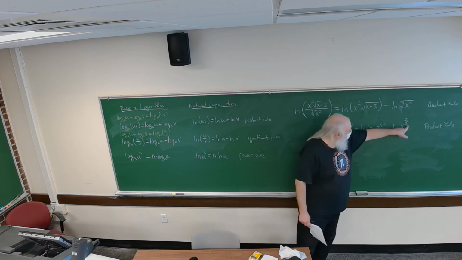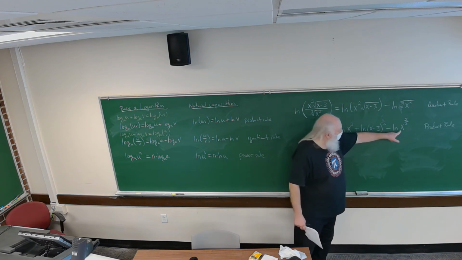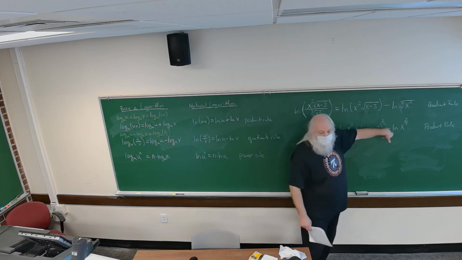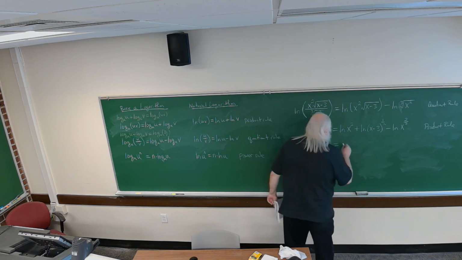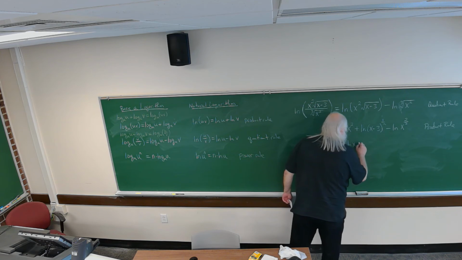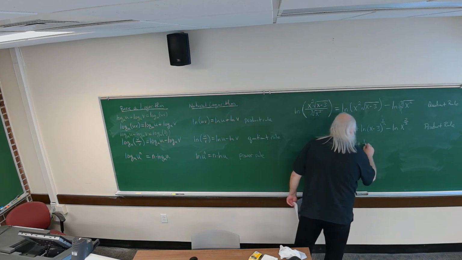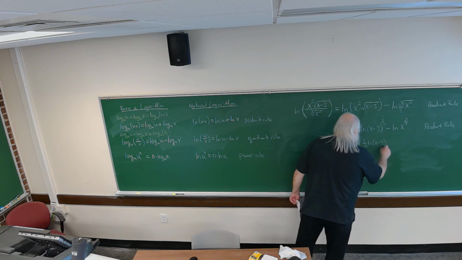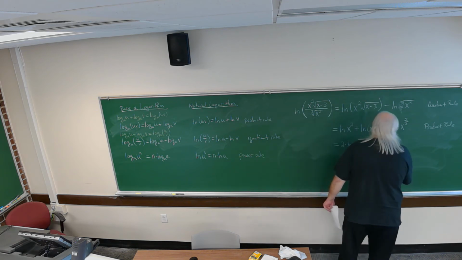And this 2/3 that's an exponent of variable x can be brought down in front of the natural log. And so we have 2 times the natural log of x plus 1/2 times the natural log of x minus 3 minus 2/3 times the natural log of x.